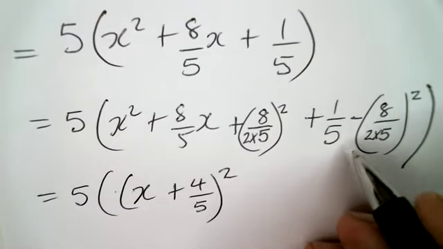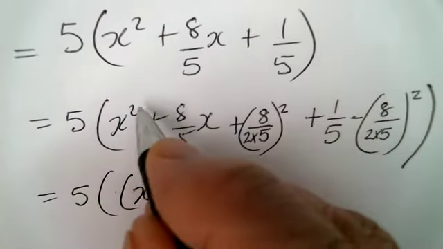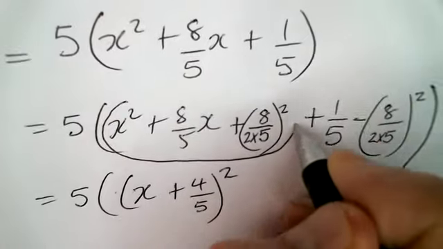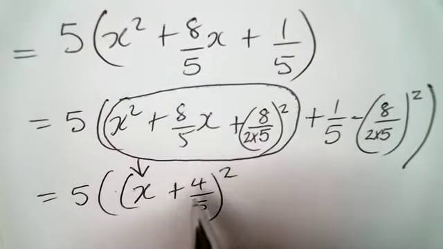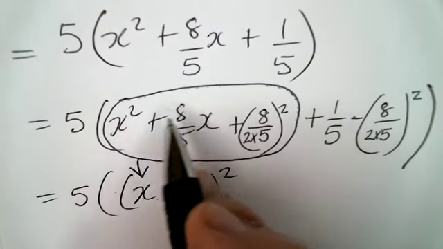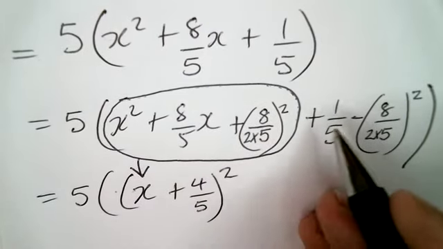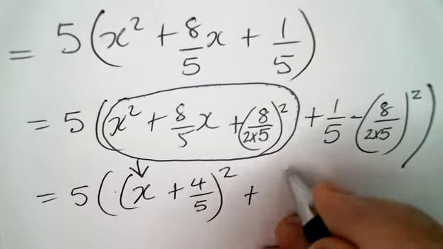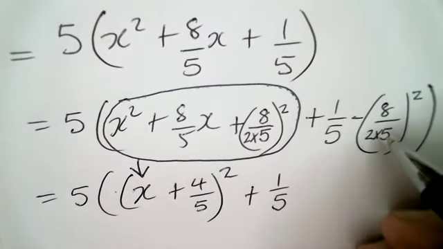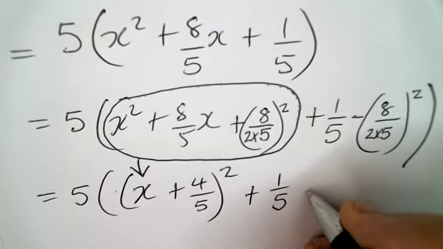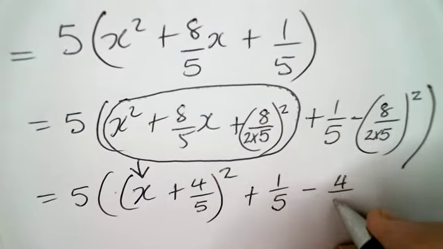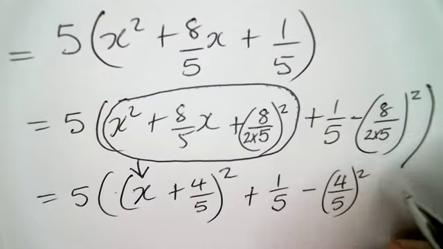And then that bracket in there is the whole of that section there. Now I'm going to add this bit on the end here, so I'm going to go plus, I've got a 1/5, and I've got 8 on 10, or 4/5, so I'll write it out full, minus 4/5, and of course that is squared.